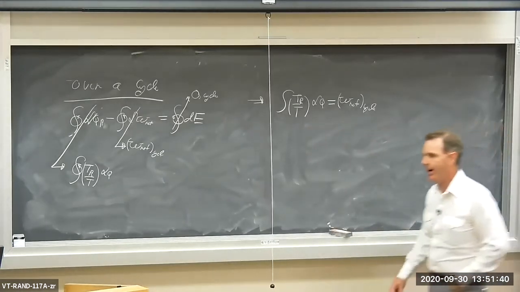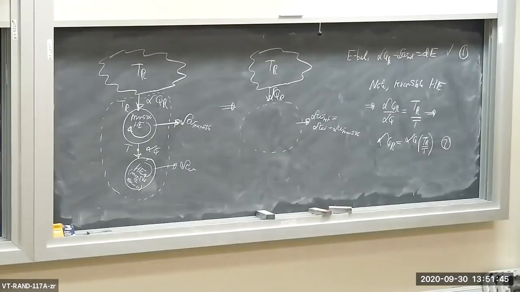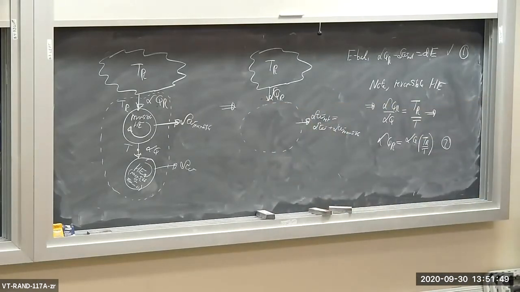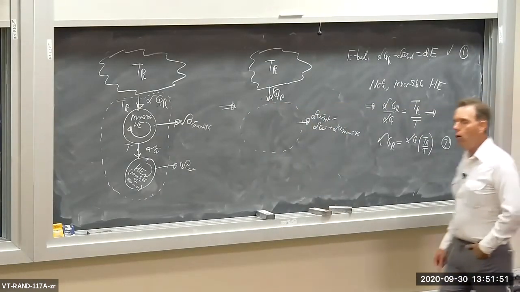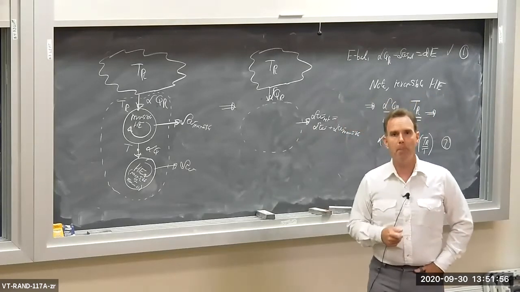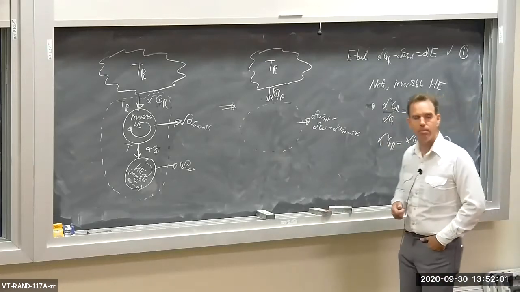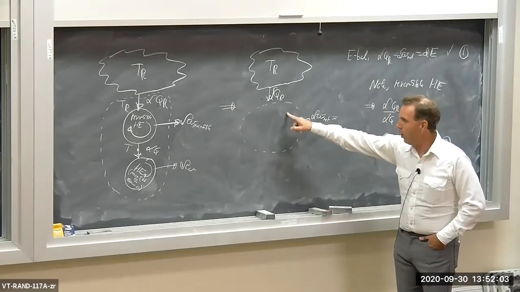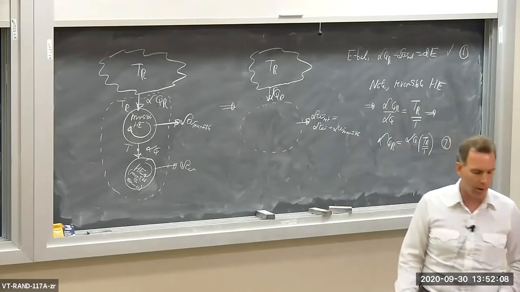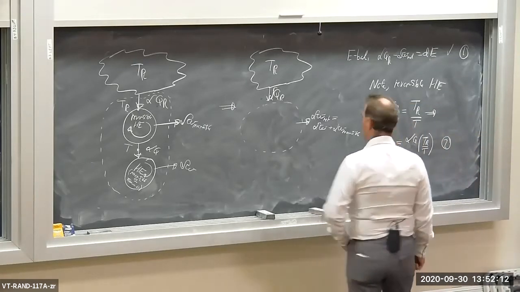Let's go back and have a look at our composite device. It receives heat from a single reservoir and produces work. Over a cycle, this device cannot produce positive work. That would be a violation of the Kelvin-Planck statement of the second law. Receiving heat from a single reservoir and producing the equivalent amount of work is not possible according to the Kelvin-Planck statement of the second law.